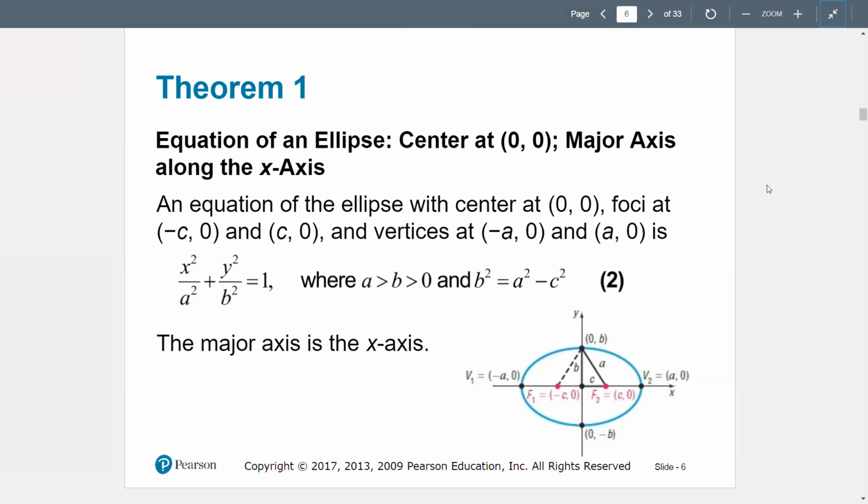So it says an equation of an ellipse centered at 0, 0, and the major axis along the x-axis. An equation of the ellipse with the center 0, 0, foci at negative c, comma 0 and c, comma 0, and vertices at negative a, comma 0 and a, comma 0 is given with the equation.